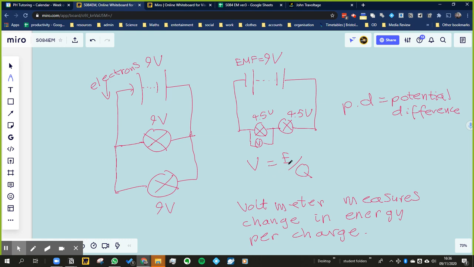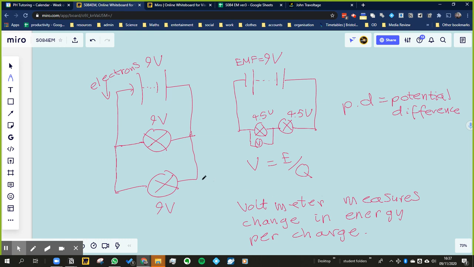But if you do want to know the slight difference, potential difference is what you measure across a component, and so we're losing energy per charge as you go through the component, the light bulb, buzzer, or whatever it might be, and the EMF is the amount of energy gained per charge as the electrons go through a battery.